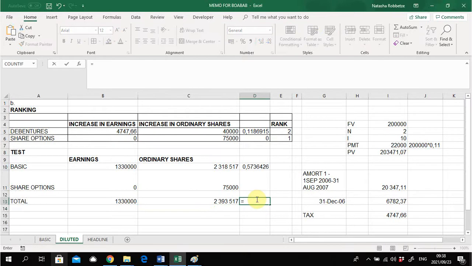Our new calculation then gives us 0.555. So we can see it's lesser than the basic earnings per share, and thus I'm going to say it's dilutive.